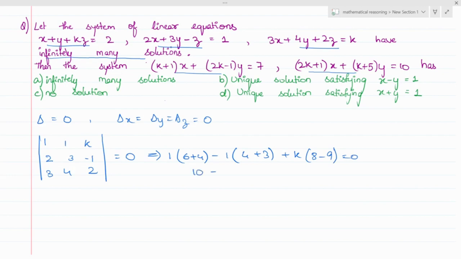So it becomes 10 minus 7 minus k equal to 0, so k is going to be 3.